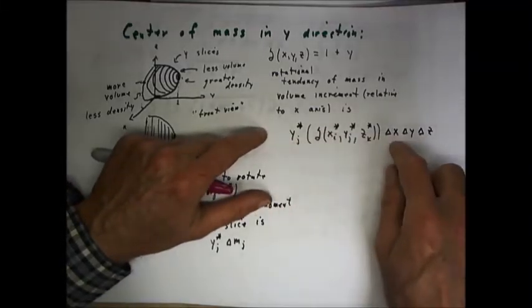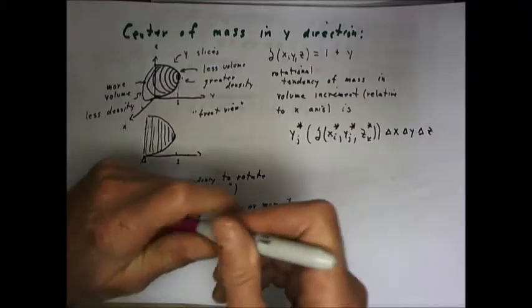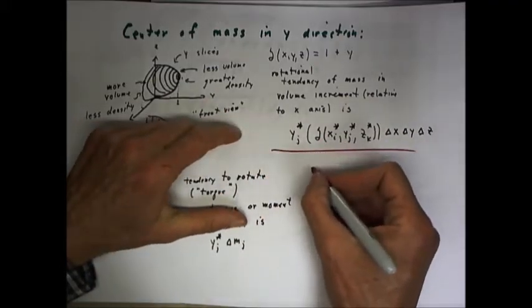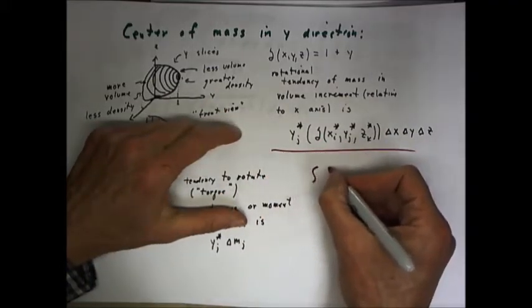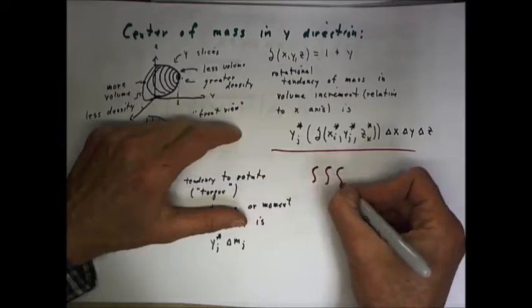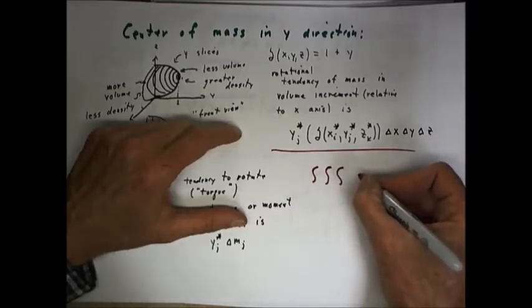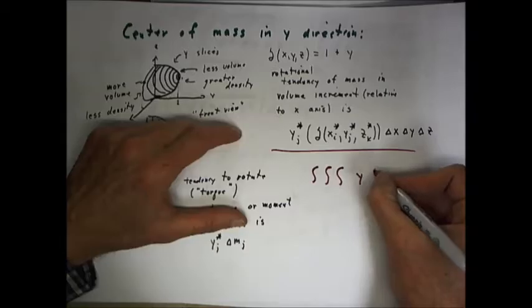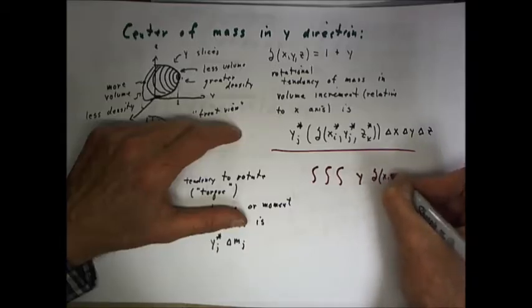Summed up over all the volume increments, if we follow the usual procedure, we'll get the triple integral of y times the density of x, y, z.